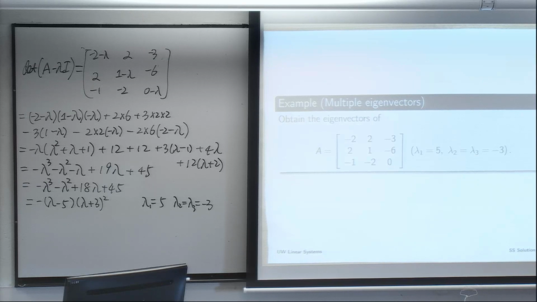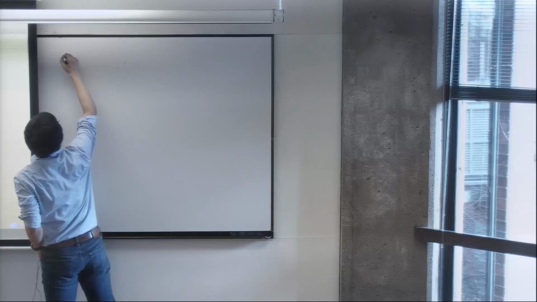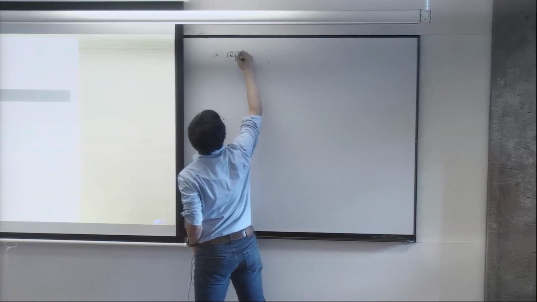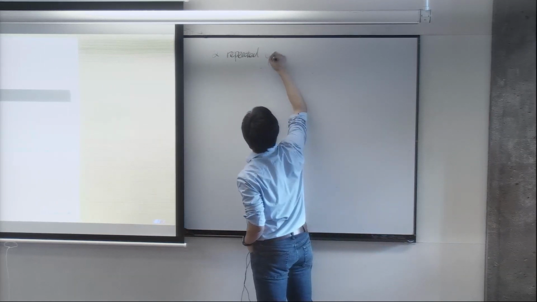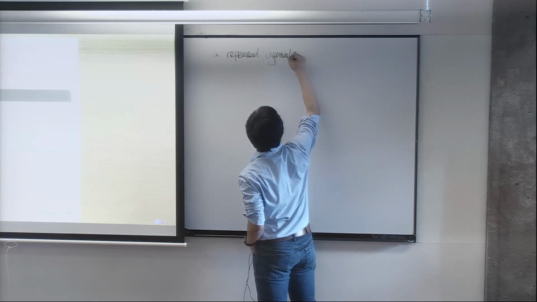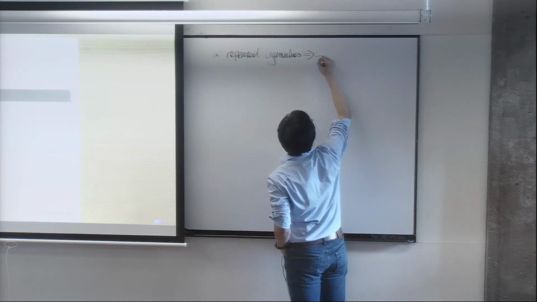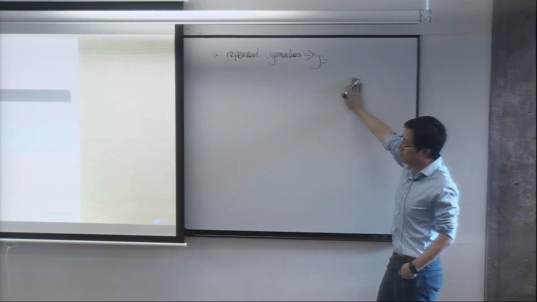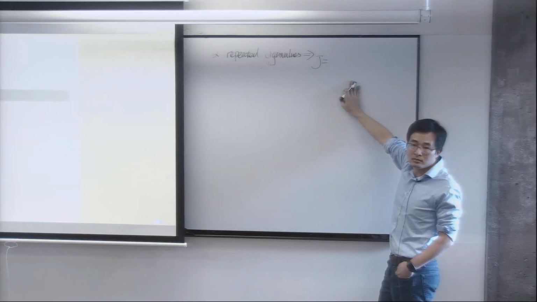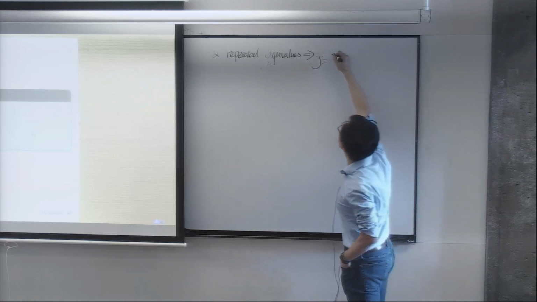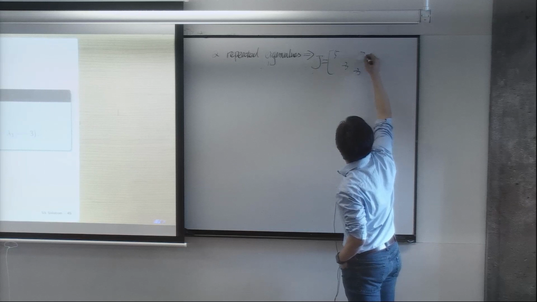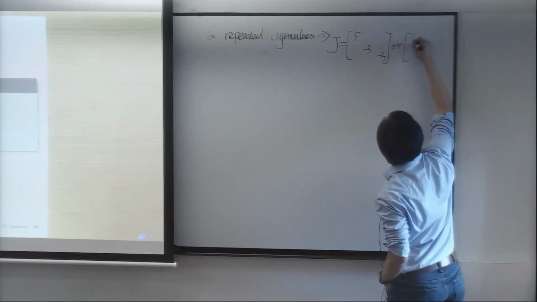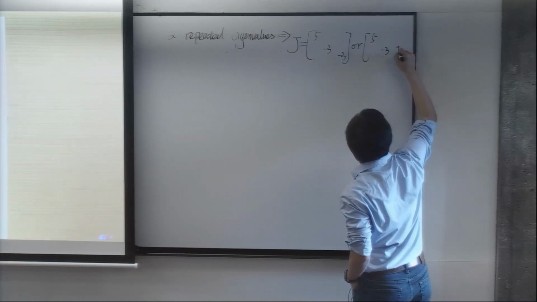So let's see what possibilities can happen. Because I have two repeated eigenvalues, what can happen for my Jordan matrix? It's either diagonal or it has a Jordan form.